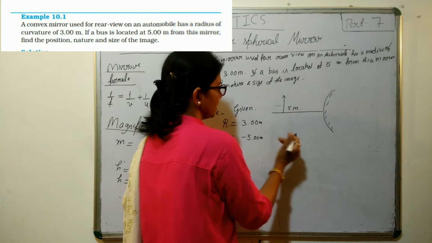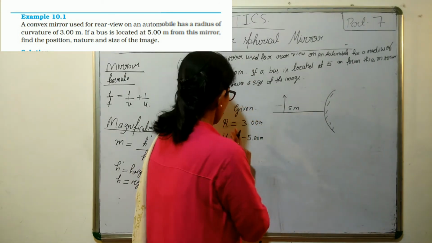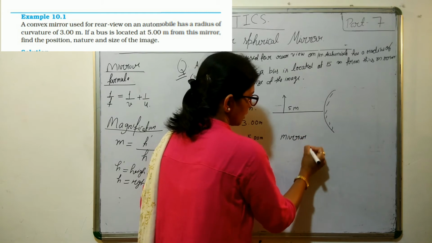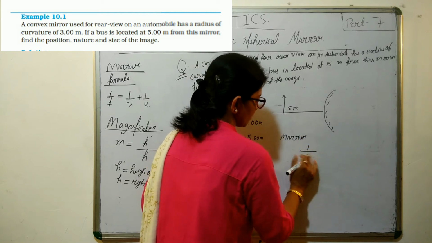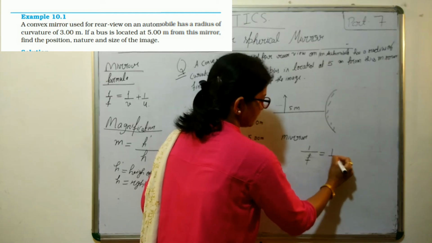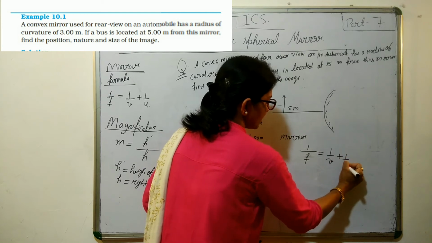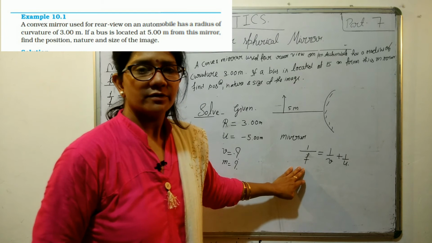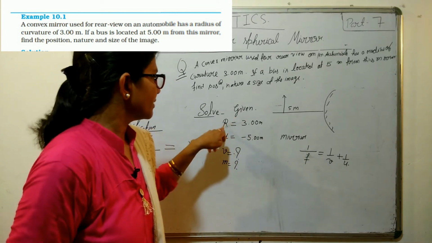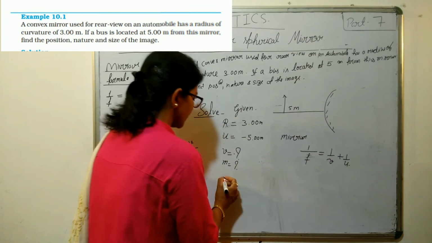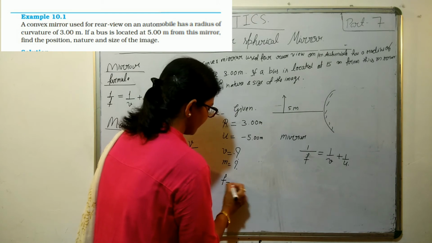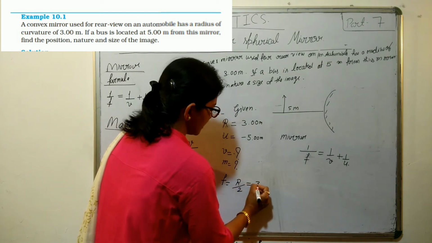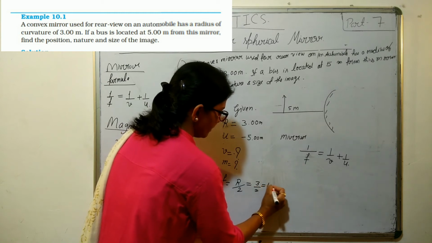So let's solve. We have a formula for this, the mirror formula: 1 by f is equal to 1 by v plus 1 by u. But we don't have f, though we can find f because we have r. The relationship is f is equal to r by 2, which is 3 by 2, that is 1.5.